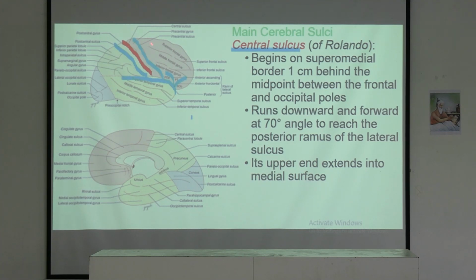Thus we are getting two gyri, one in front and one behind the central sulcus. The gyrus which is present in front is called the pre-central gyrus, and the gyrus which is present behind is called the post-central gyrus.